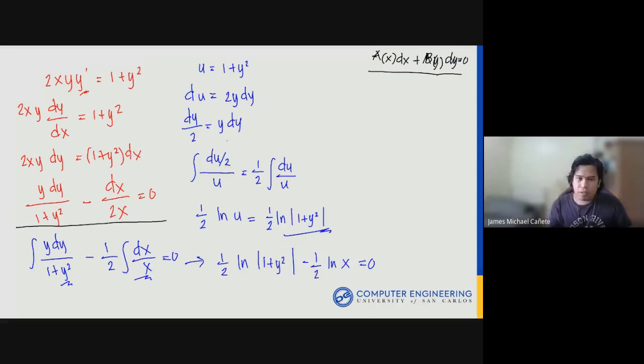You can simplify this by multiplying 2 to the entire equation. So the 1/2 cancels here and here. The right side does not pose an issue. So we end up with ln of 1 plus y squared minus ln of x equal to 0.